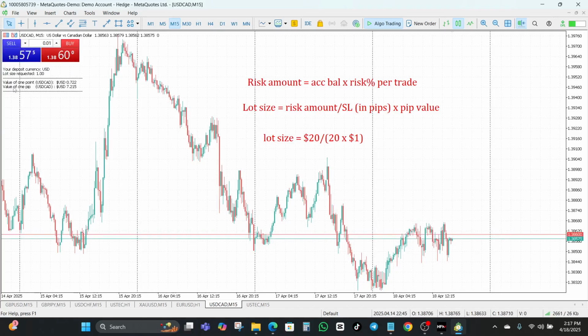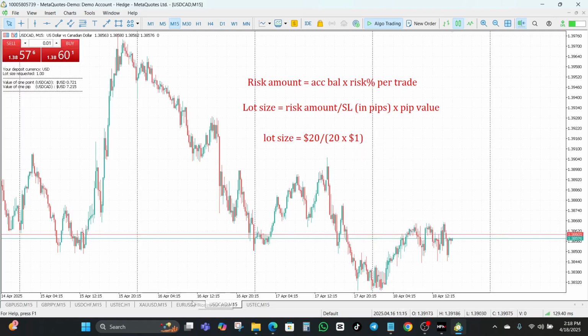You can see that the pip value for USD CAD for one standard lot, the value of one pip, is 7.25, and the value of 1 point is 0.72. So if we were doing a calculation for USD CAD, instead of using 1, we would be using 0.72.